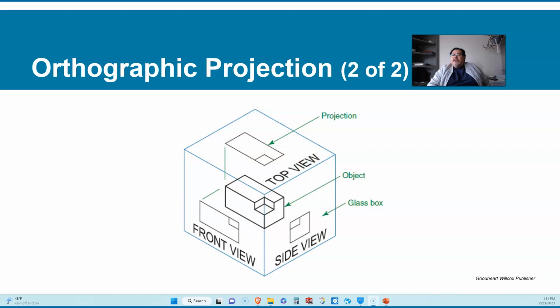Okay, so another example of orthographic projection is that when you have an object, you've heard the term 3 dimensions. The reason they say something that is three dimensions is because whenever you look at it, you're only going to be able to see 3 sides of any object.